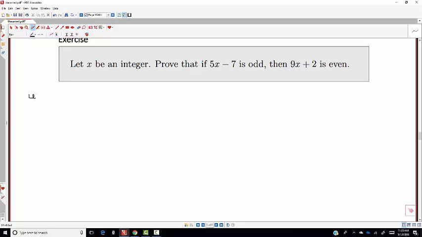Let me write it down. Lemma. Let x be an integer. If 5x minus 7 is odd, then x must be even. And we'll try to prove this statement by contrapositive.